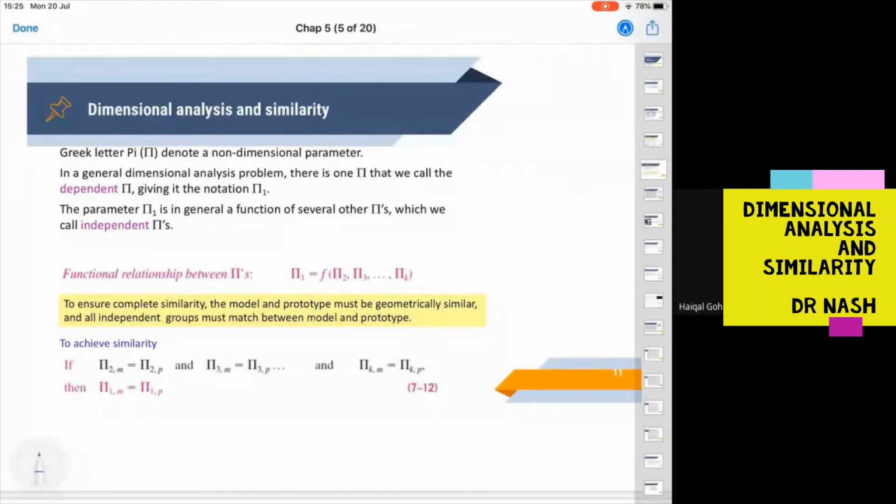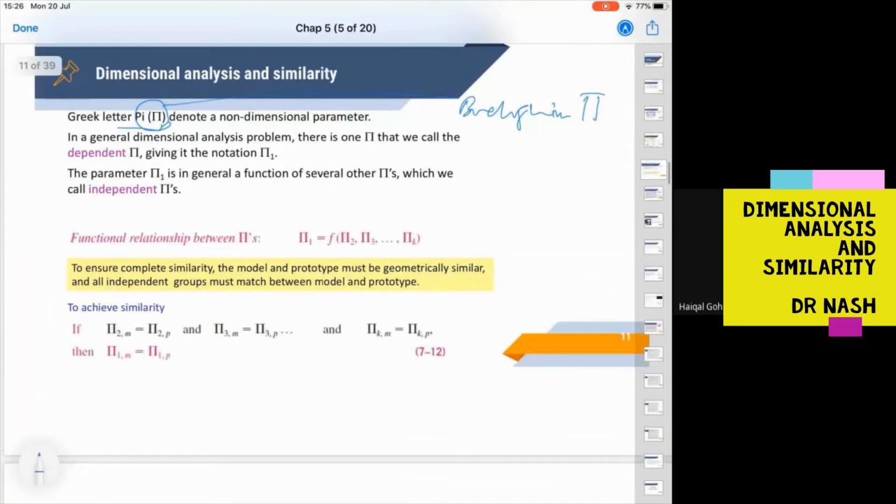Remember I told you just now, the Buckingham Pi theorem. We are going into it now. If you look here, the Greek letter pi is actually the Buckingham pi. It denotes a non-dimensional parameter. These are the steps we are going to do. So please be with me so that we can do it step by step.